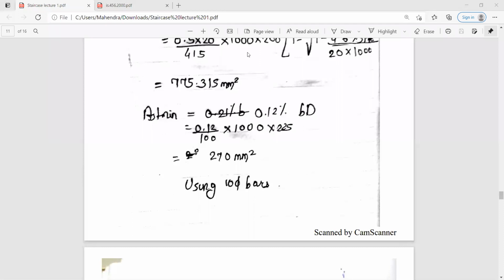Then after that, for calculation of spacing, you have to use 10 mm bars.